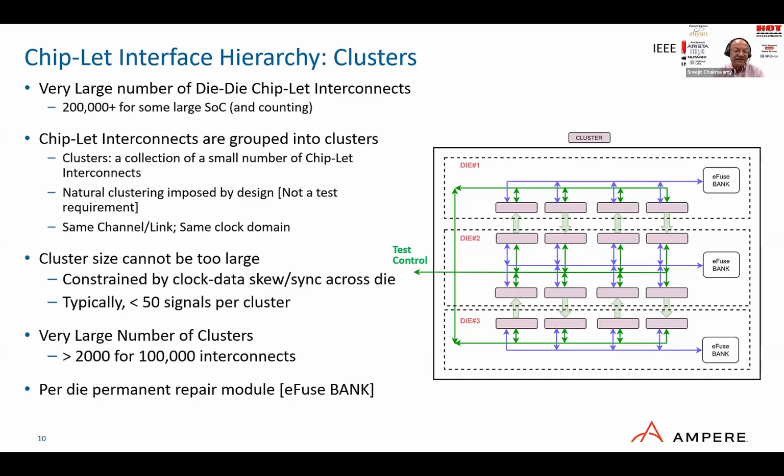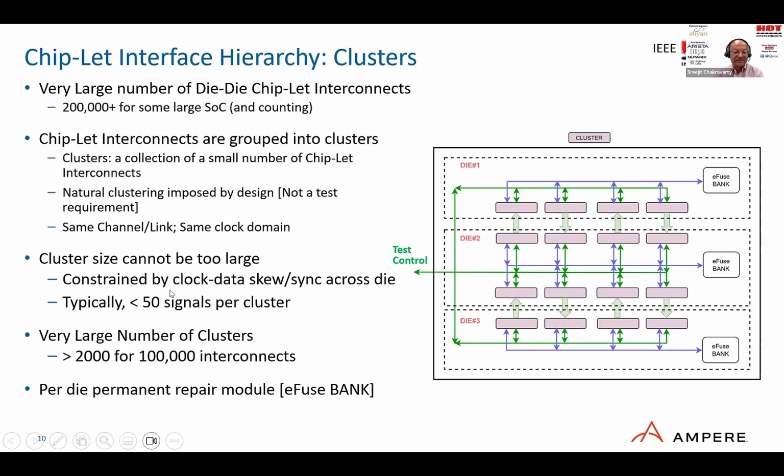Typically the way we do that is, we go into a channel that has 1,000 signals, and they all work in the same clock domain. We break this down into smaller pieces. The clusters are typically in the range of less than 50 signals per cluster, and you have one clock associated with that.